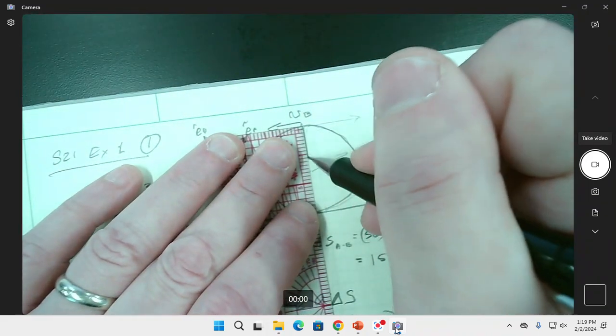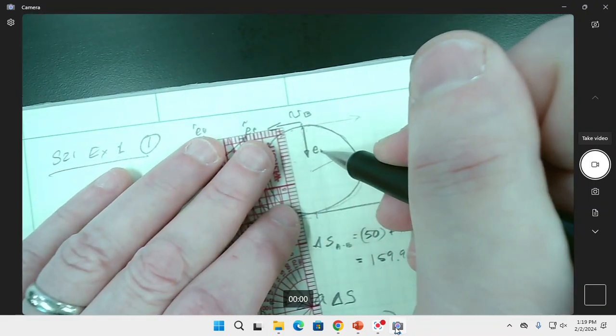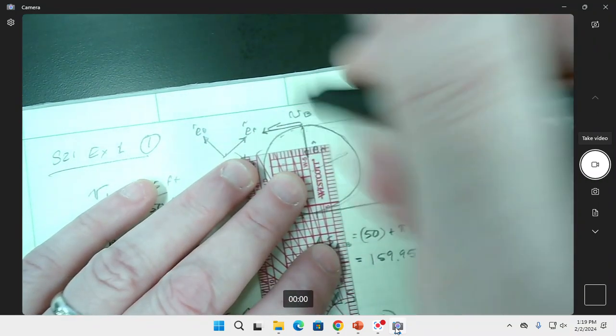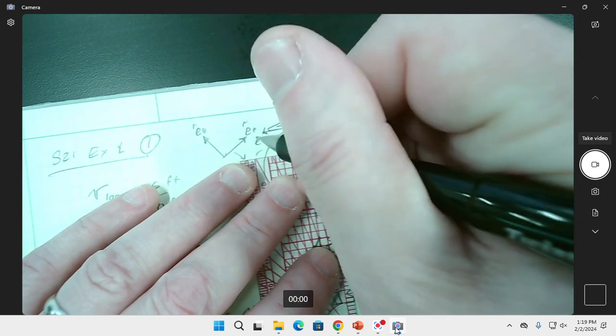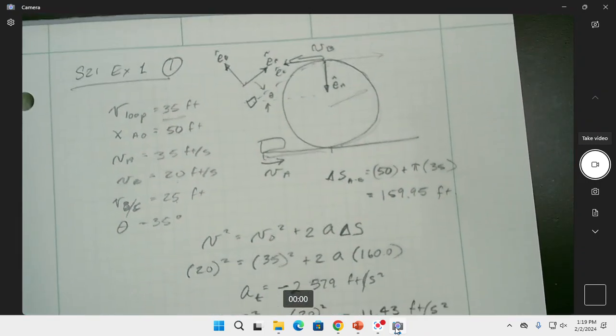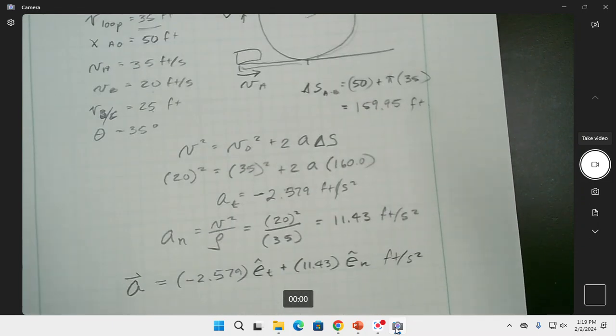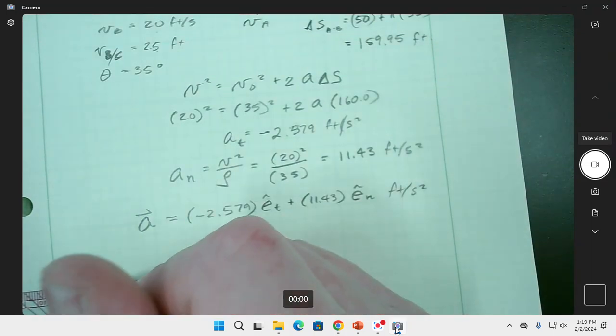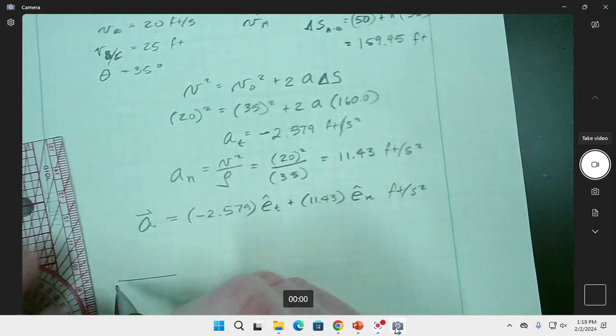Here's going to be our EN, and then right next to this, velocity should be ET. So we will write those in here and superimpose them.